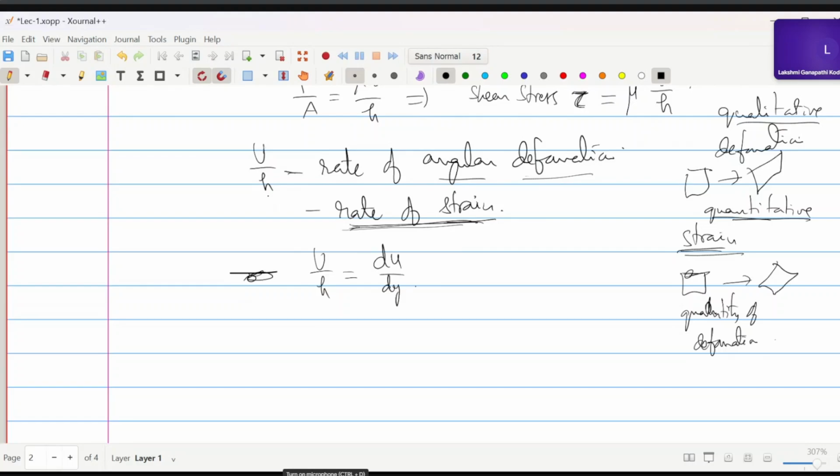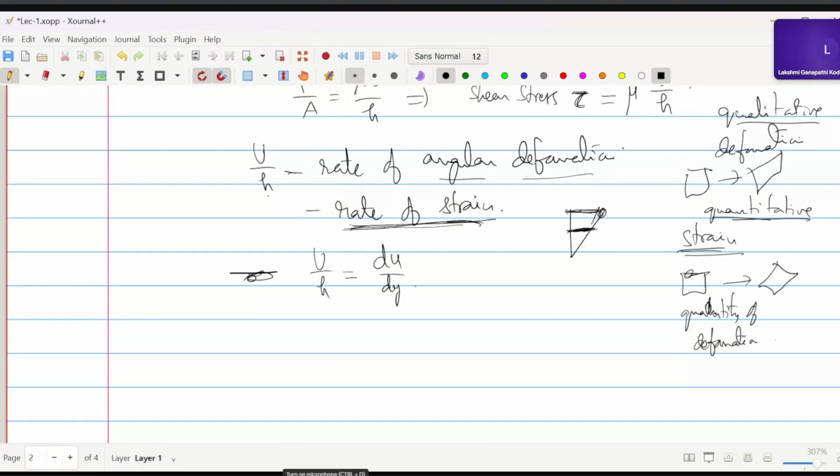Why rate of strain? Because u, that is the velocity, is dx by dt, no? So rate of strain in that too. As you look at the y direction, there is a small change happening. So here it is more, here it is a little less.